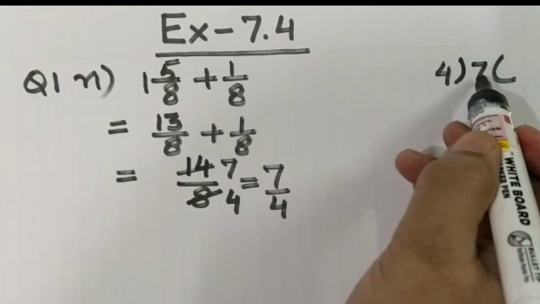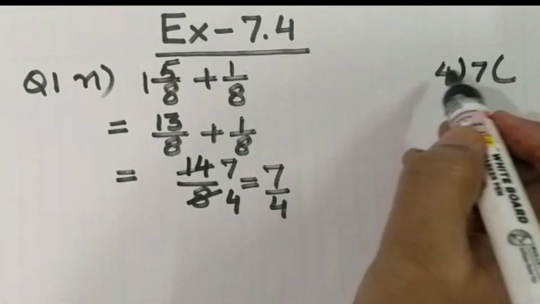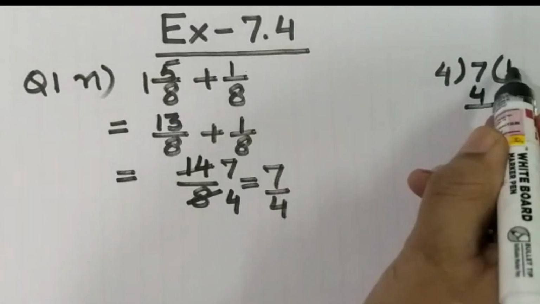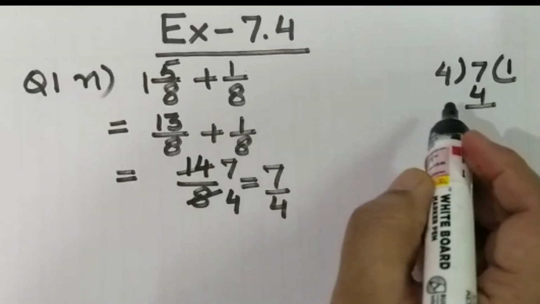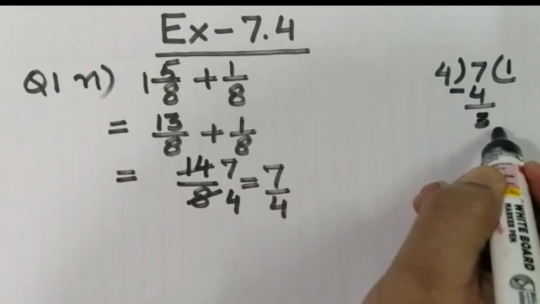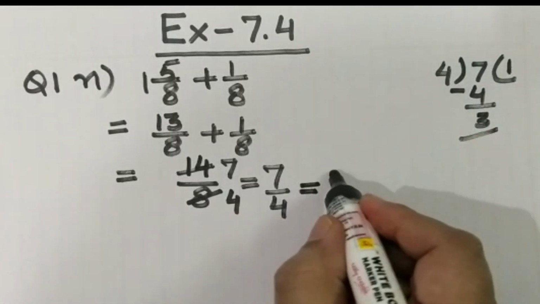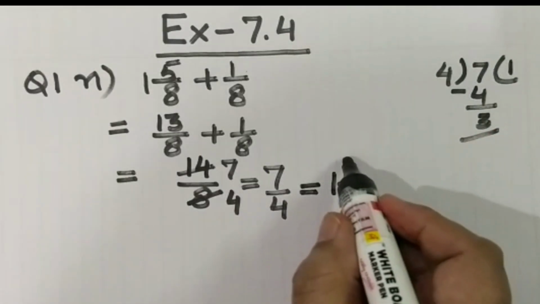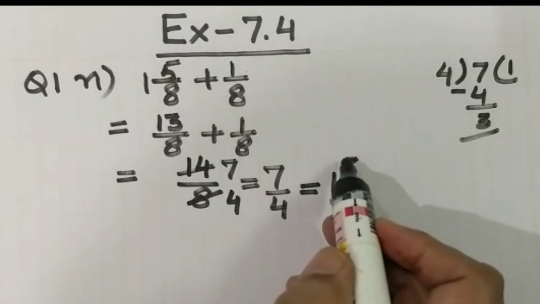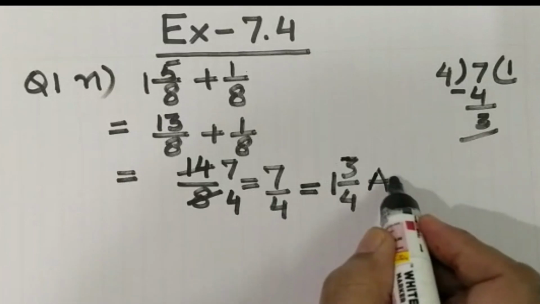Numerator we will write here and 4 is the divisor. 4 times 1 is 4, because 4 times 2 is greater than 7, so 7 minus 4 is 3. So 1 is the quotient, so we will write here 1 whole number 3 by 4. The remainder we will write in the numerator. See, it is your answer.